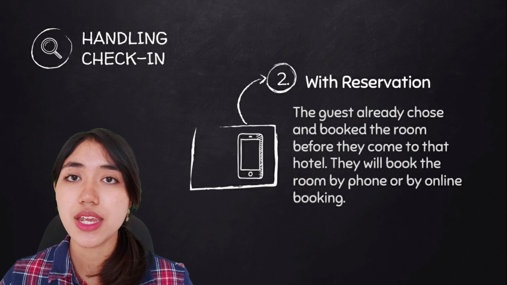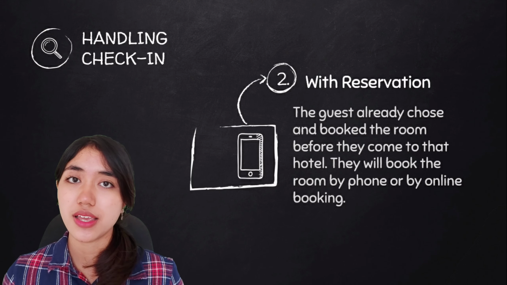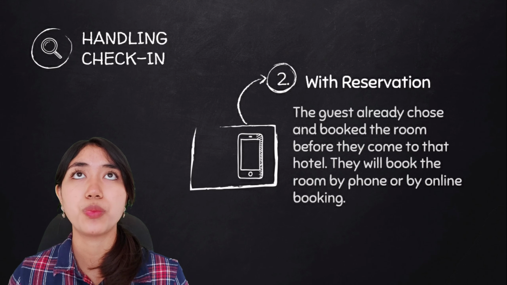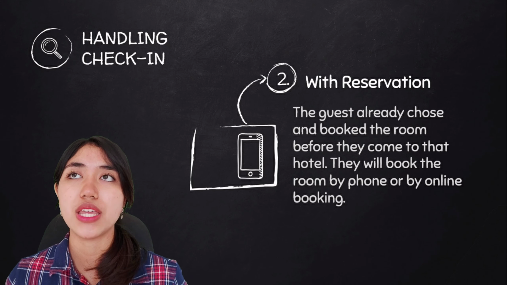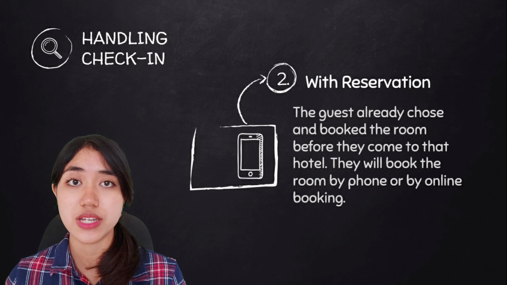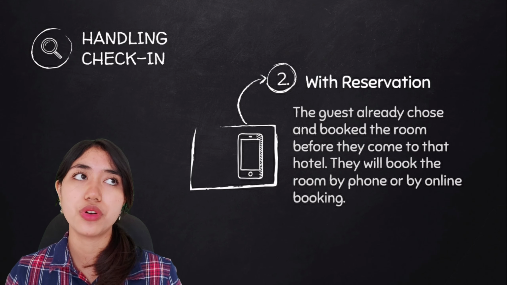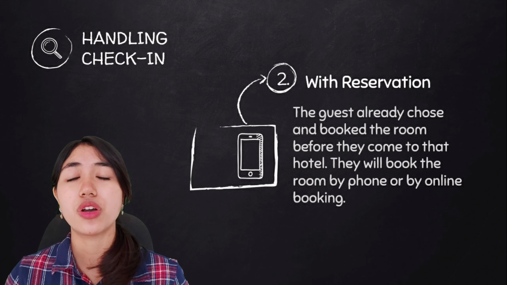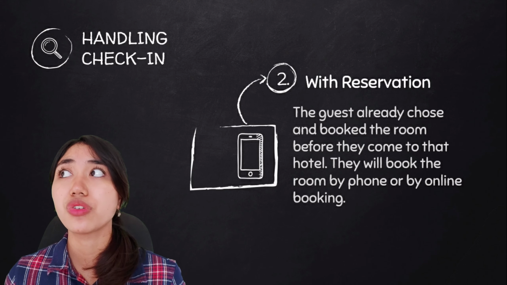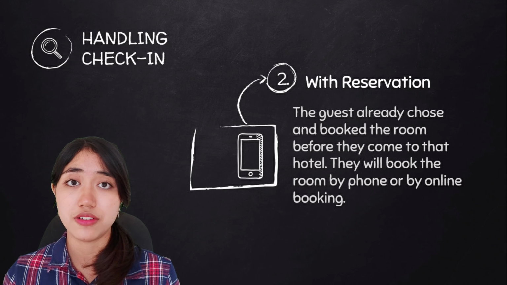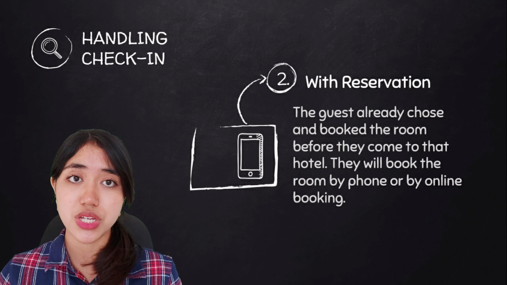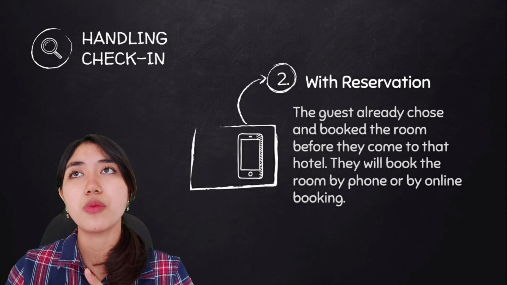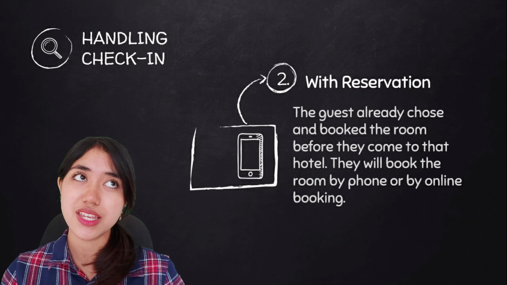In a simple way, check-in with reservation can be defined as when the guests already choose and book a room before they come to the hotel, by phone or by online booking. As you know, nowadays there are a lot of online booking applications such as Pegipegi, Agoda, Booking.com, Airy, and etc.